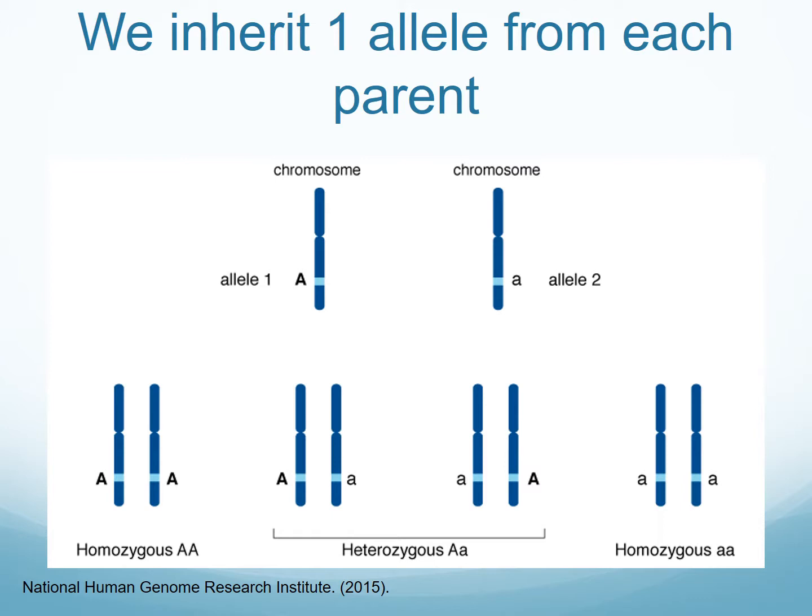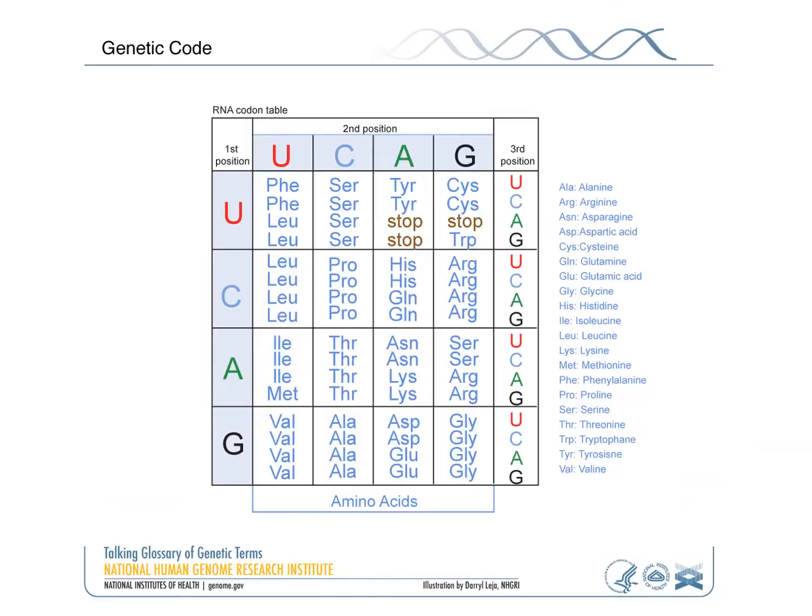If you're homozygous, the two alleles are the same. So the thing to remember here is that an allele is a version. So how your patient responds to drugs will depend on which version or which allele of a certain enzyme that they received in the gene pool.